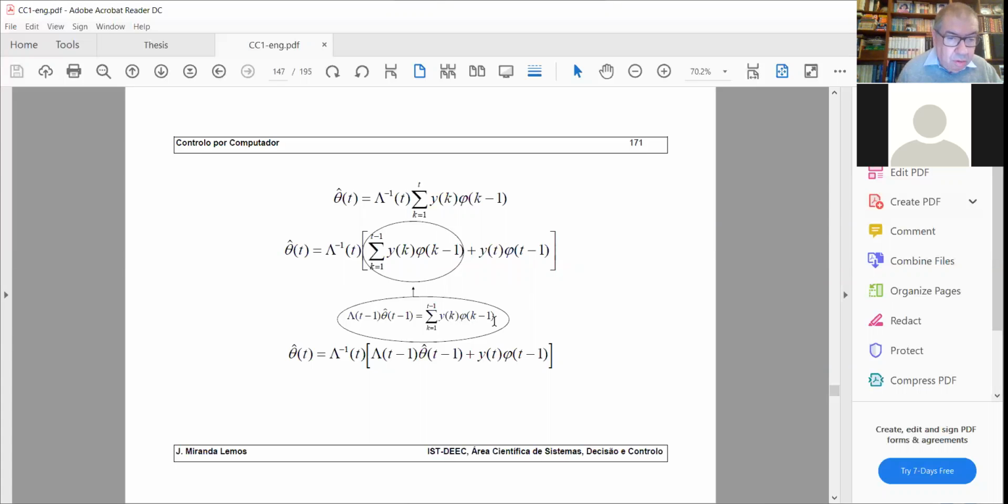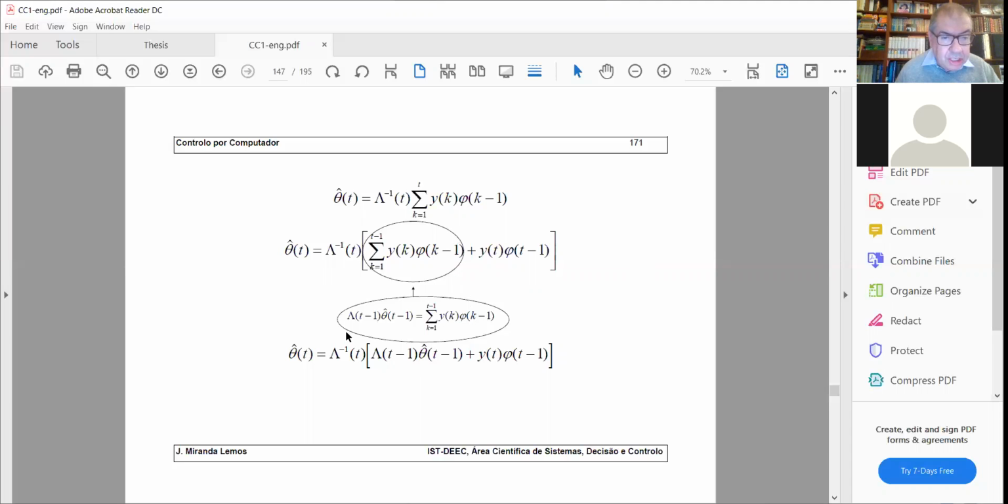But now you can write this summation that appears up to time t minus 1 again, thinking that it yields a batch estimator but with t minus 1 points. So if you use the same formula with t replaced by t minus 1, you can say that your estimate at time t minus 1 is the inverse of lambda times this summation.